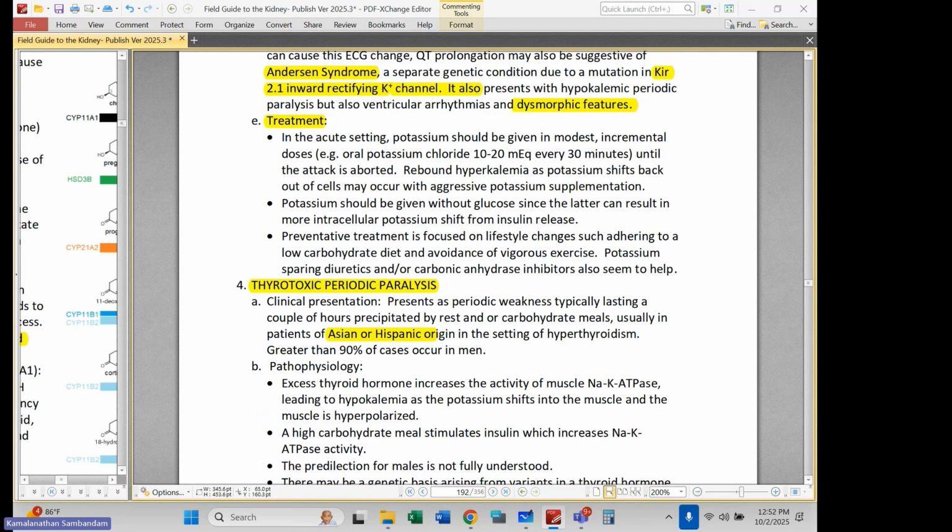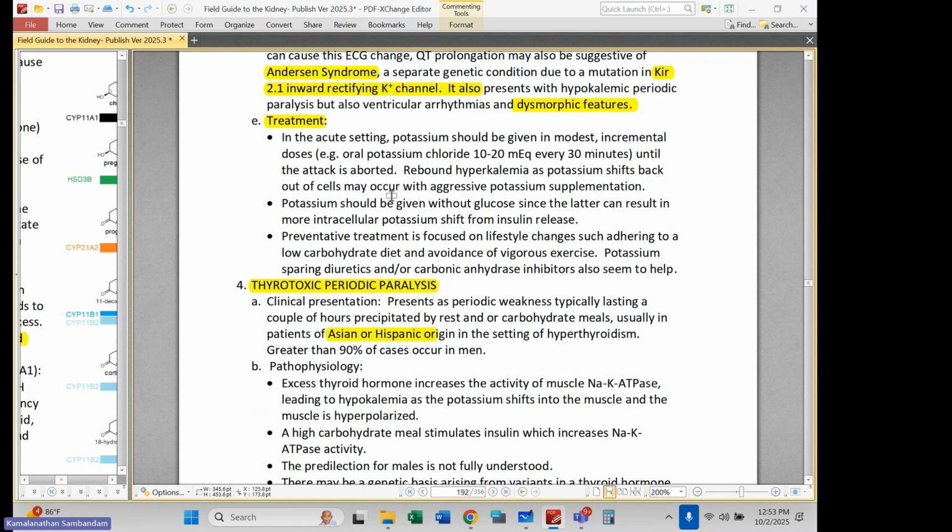Treatment would involve essentially trying to avoid some of those provocative or precipitating factors, that is, these large meals, for instance, with large spikes in insulin.